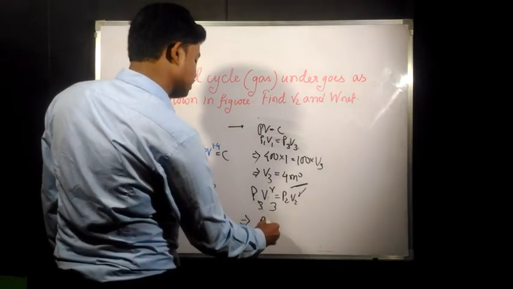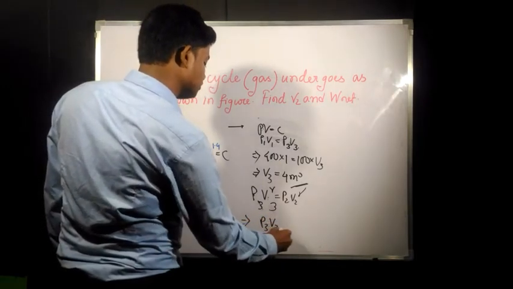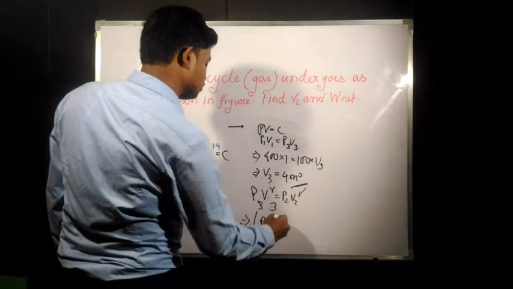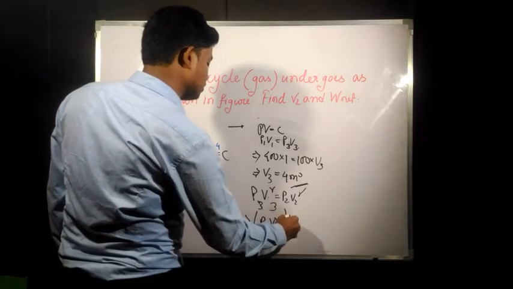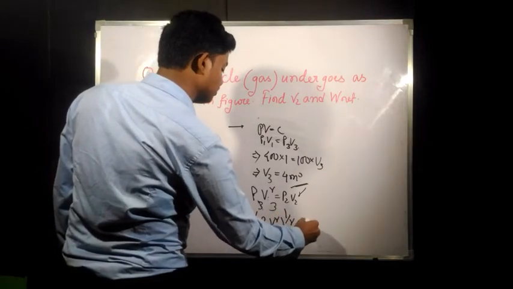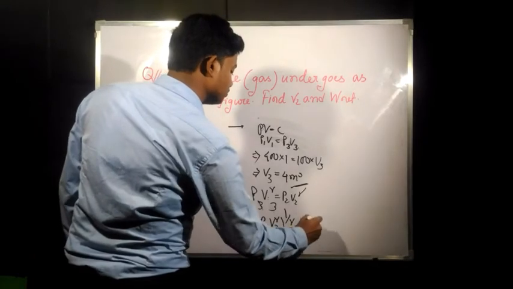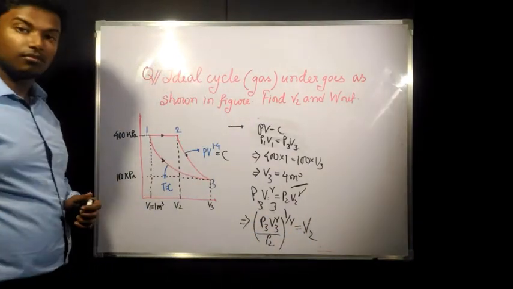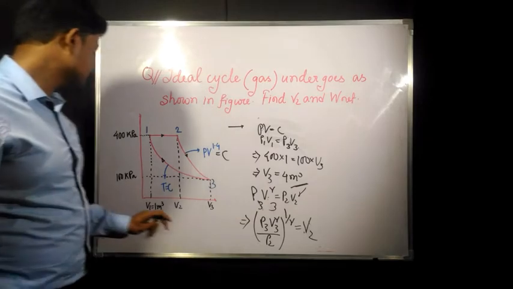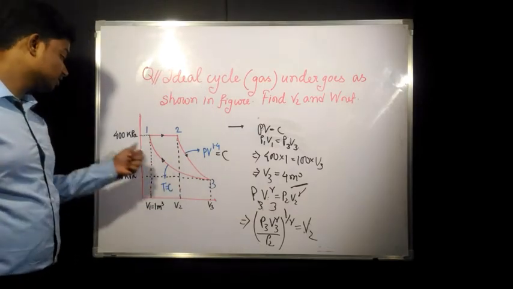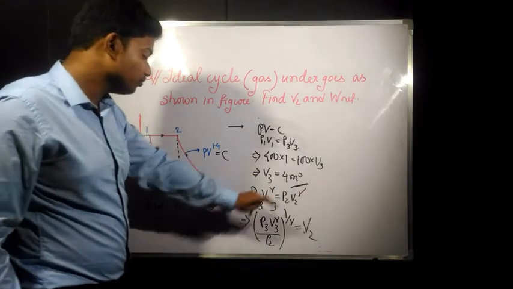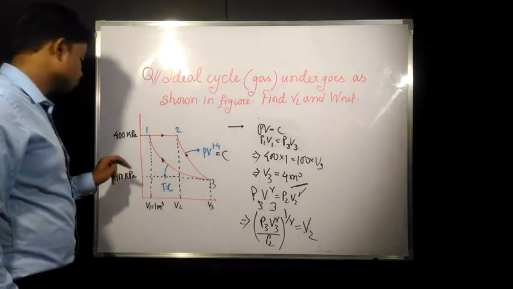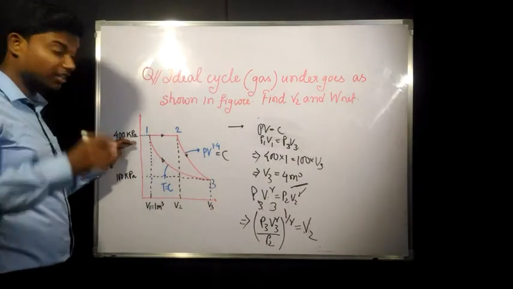So P3 by P2, whole to the power 1 by gamma, times V3, is going to give us the volume at state 2. Now everything is known. P3 is 100 kilopascal, V3 is 4 meter cube, and P2 is 400 kilopascal.